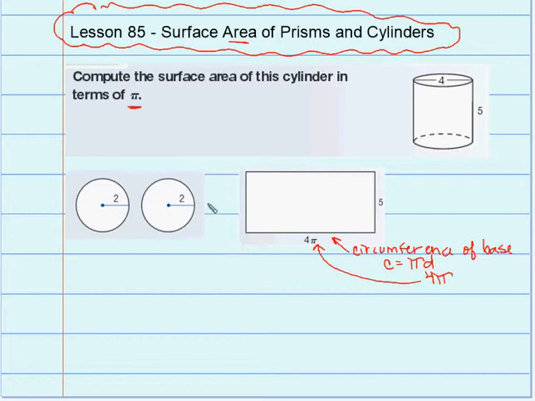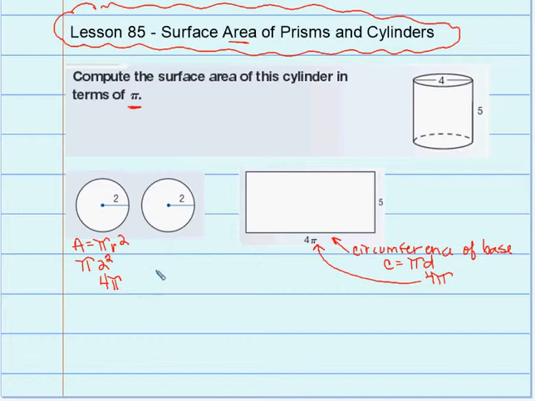So let's calculate the surface area. The area of a circle, we use A equals pi times radius squared. So pi times your radius 2 squared is 4, and then we're always going to put the pi last. So it's going to be 4 pi.